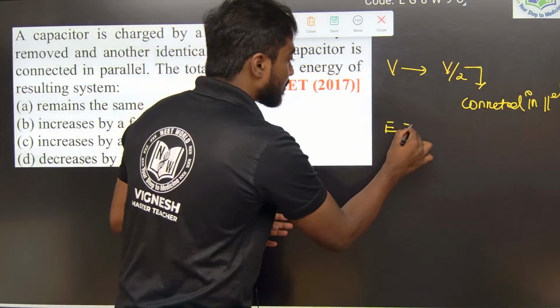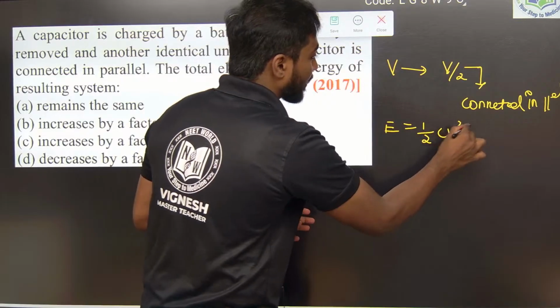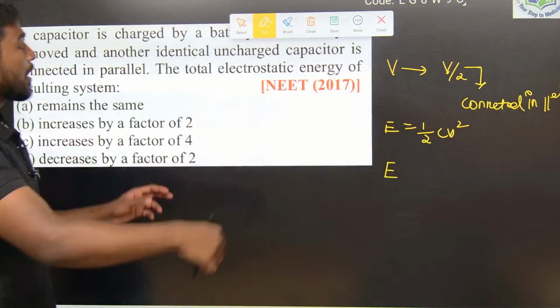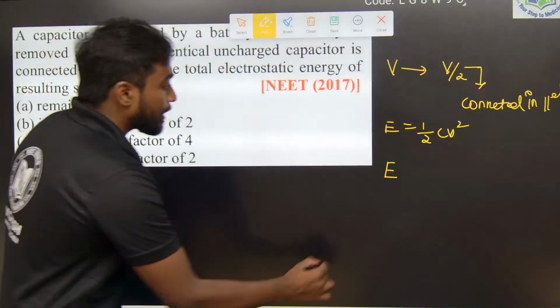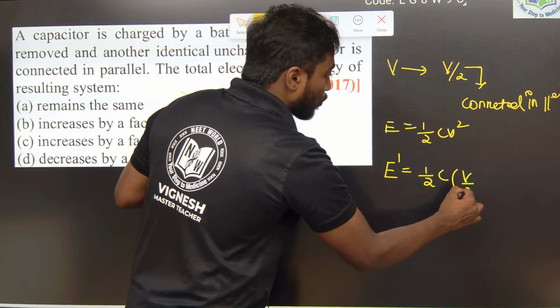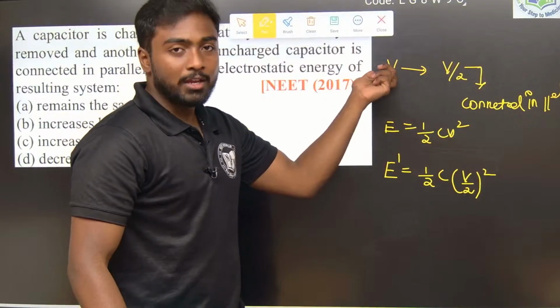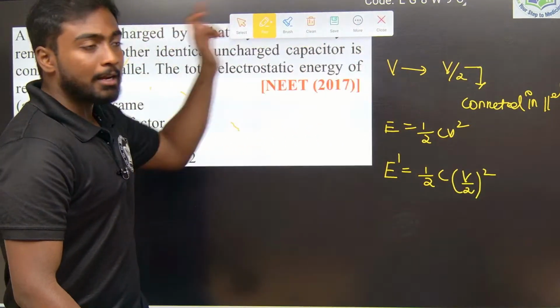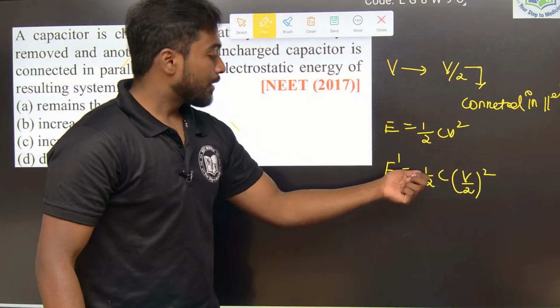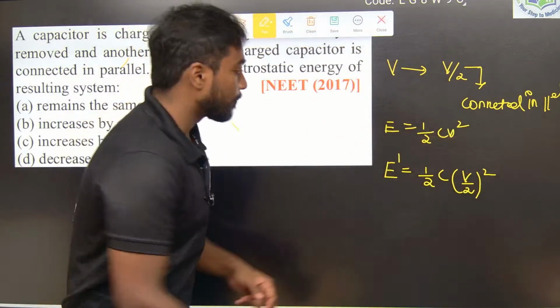Initial energy is equal to half CV square. What about the final energy when it is connected in parallel? E dash will be equal to half C into V by 2 the whole square, since it was V and becomes V by 2 when connected in parallel.